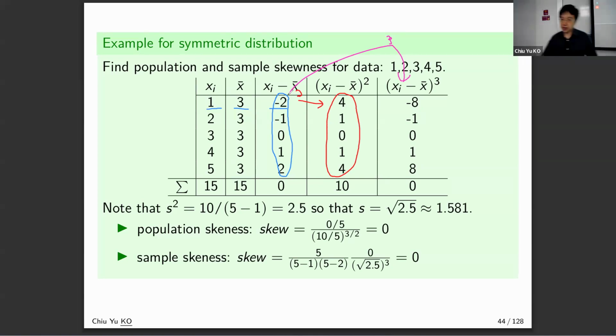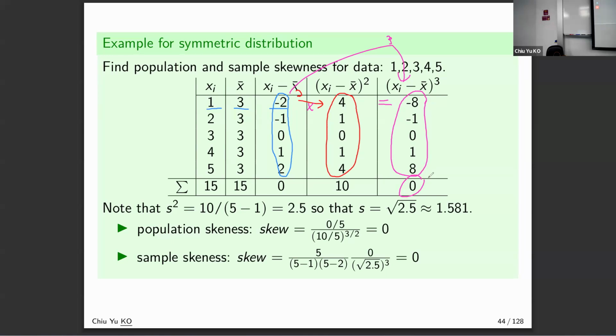Or you can multiply the third and the fourth column to get the last column. You multiply the blue and the red, and that gives you the purple. Not surprisingly, the sum of the last column is 0, because 1, 2, 3, 4, 5 is symmetric about 3.